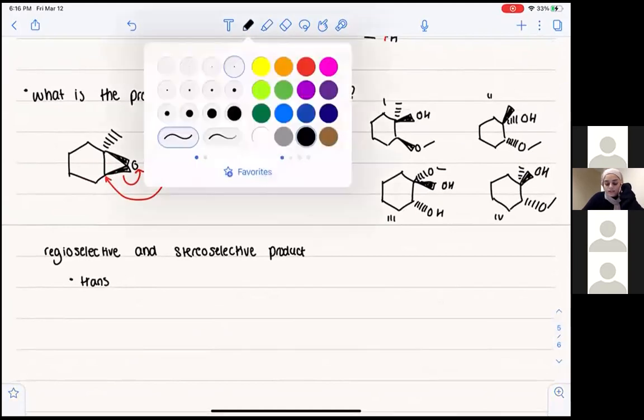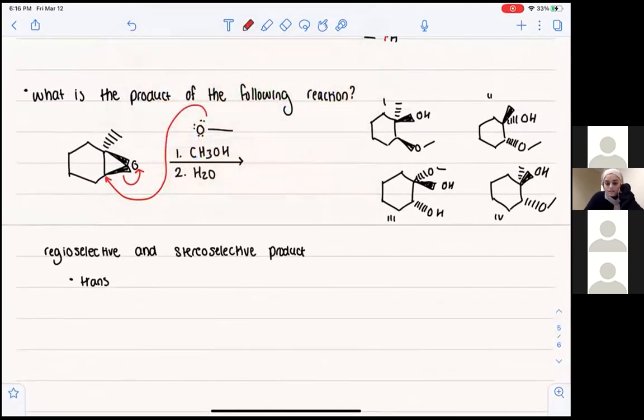So what do you guys think the answer is? Correct me if I'm wrong. I was thinking this was going to be syn dihydroxylation. I don't know if I'm saying it right. Or am I wrong?